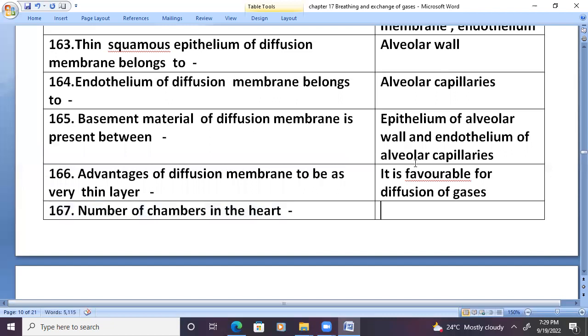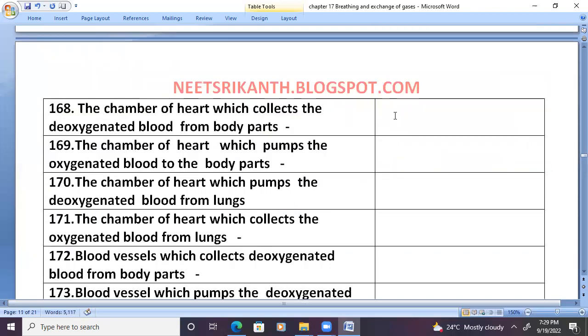Number of chambers in the heart: 4 chambers. The chamber of the heart which collects deoxygenated blood from the body parts is the right atrium. The chamber which pumps oxygenated blood to the body parts is the left ventricle.